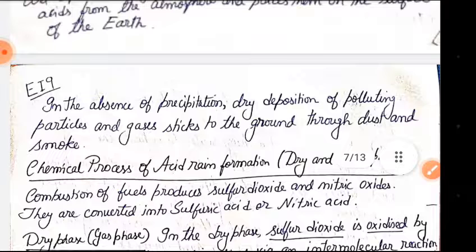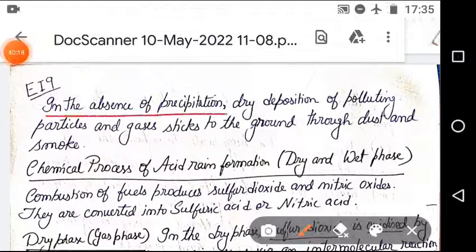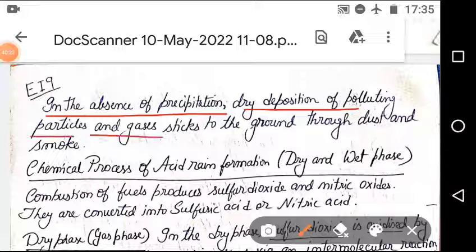In the absence of precipitation, dry deposition of polluting particles and gases sticks to the ground through dust and smoke. You can see that early in the morning a layer of smoke occurs near the ground, with a powerful smell. That smoke can be related to acid deposition by the dry process.